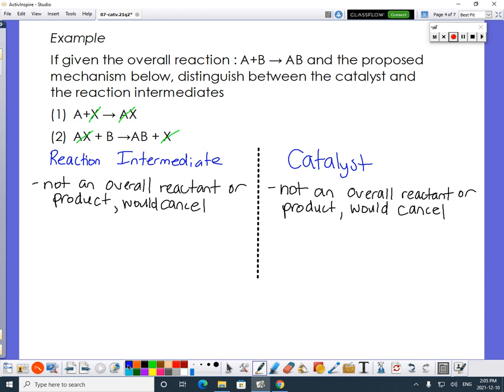This is a very simple example, okay? So the reaction intermediate, there's only one of them. You could have more than one. A catalyst, you can only have one. So that's another distinguishing feature. But let's look at the definition first. So reaction intermediate, we defined it as something that was produced in one step and consumed later.